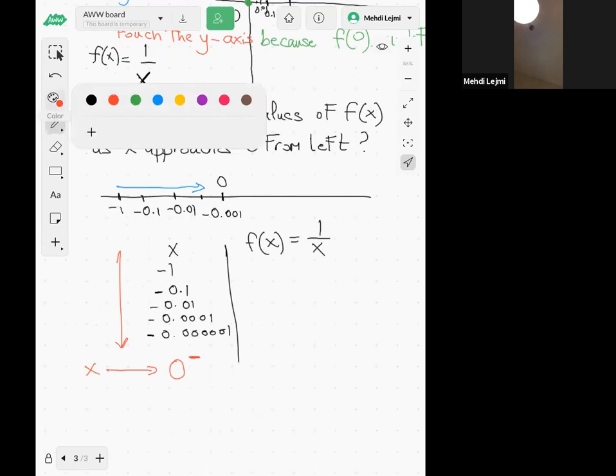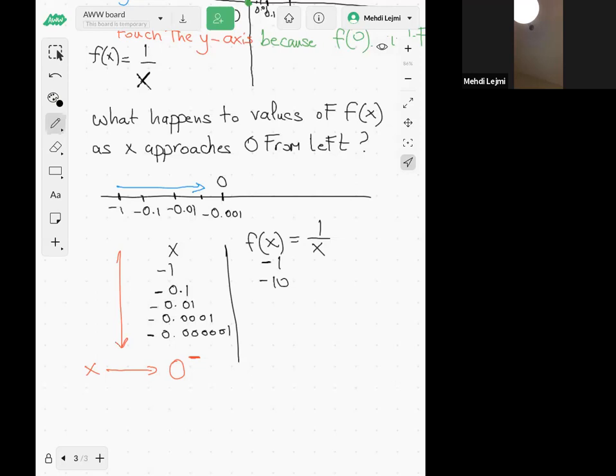And what happens to the values of f? Let's see. If x is -1, 1 over -1 is -1. 1 over -0.1, that's -10. Next would be -100, next -1000, next -1 million, next -1 billion, as x gets close to 0, right?